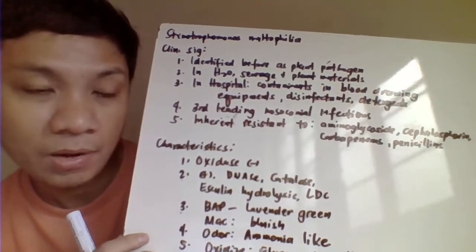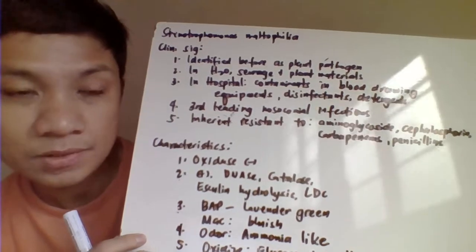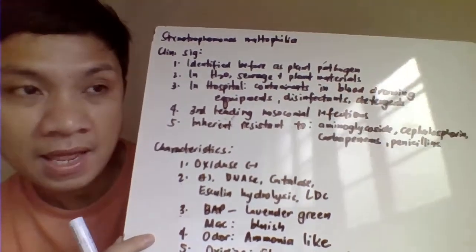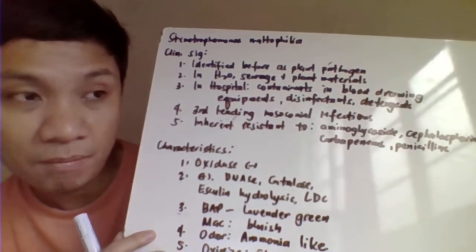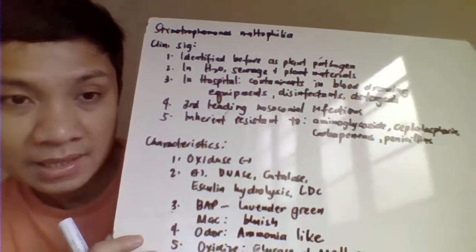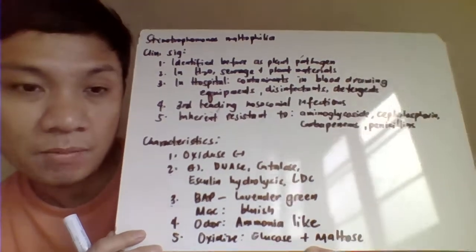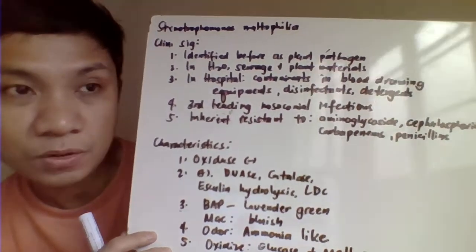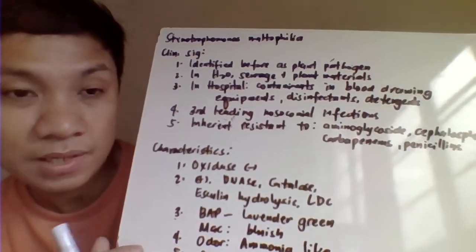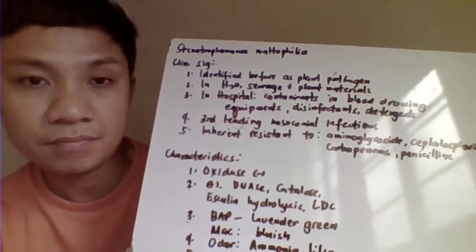And in our MacConkey agar, this would appear bluish in color. Meron din siyang typical na odor, an ammonia-like odor. And it tries to oxidize two carbohydrates. Number one, it oxidizes your glucose, and at the same time, it also oxidizes your maltose. Kaya tinawag siyang maltophilia.